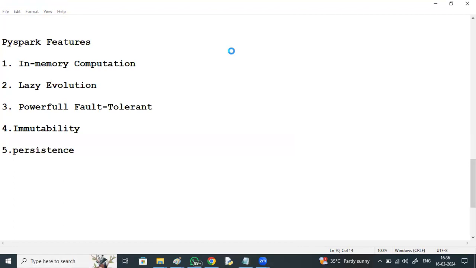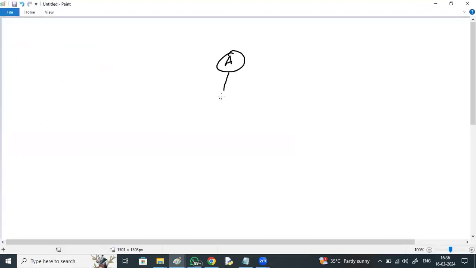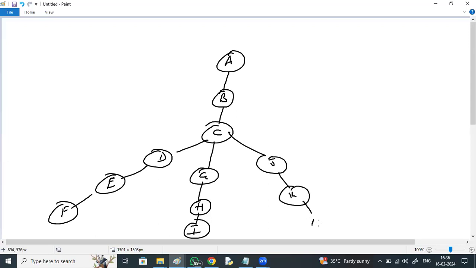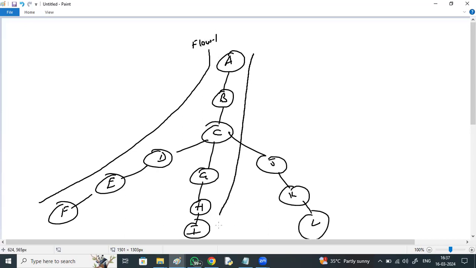A, B, C. From here, D, E, F. Then G, H, I. And from here, J, K, E, L. This is flow one, this is flow two, and this is flow three.